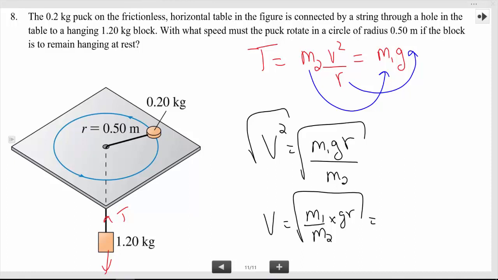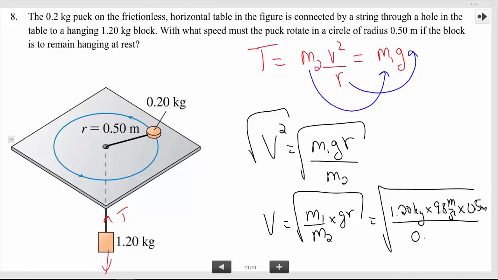Let's plug that into our calculators now to get the right answer. So M1, which is the hanging mass, is 1.20 kilograms times G, 9.8 meters per second squared, times R, which is 0.5 meters, divided by M2, which is 0.20 kilograms.